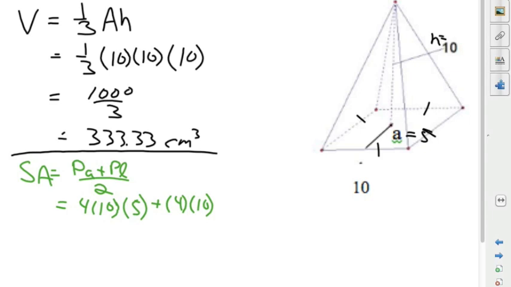Hopefully you're trying to see, and it's hard to see in a two-dimensional drawing, that if you have the apothem here, which is 5, and this height going straight down from the top of our pyramid, it creates a right angle with the ground.